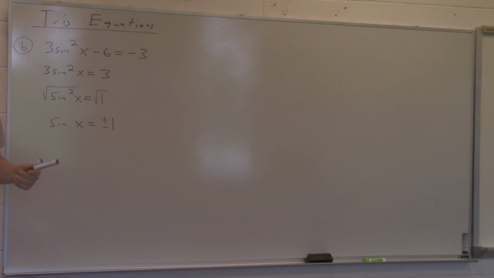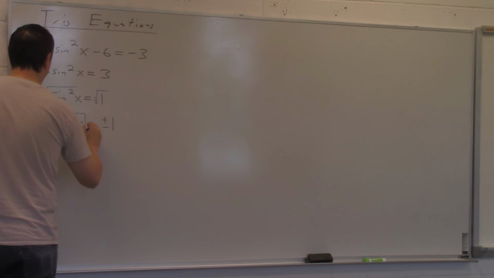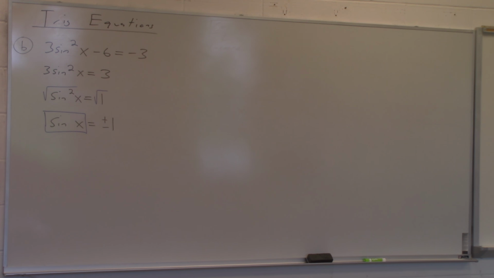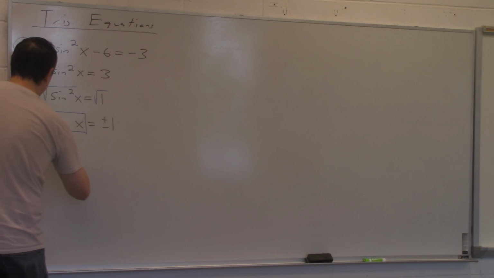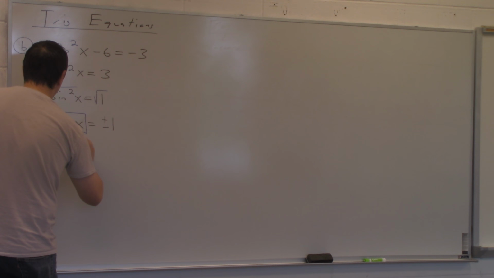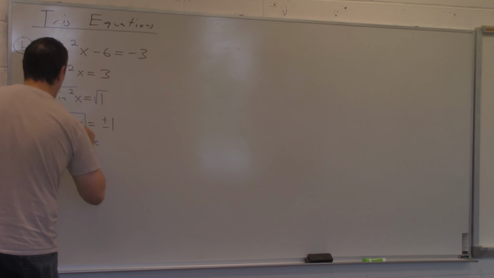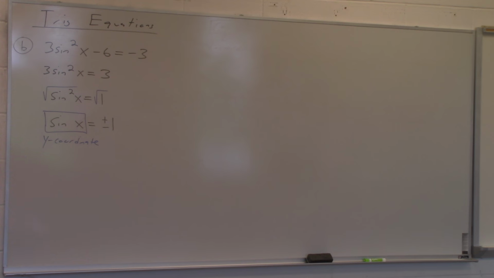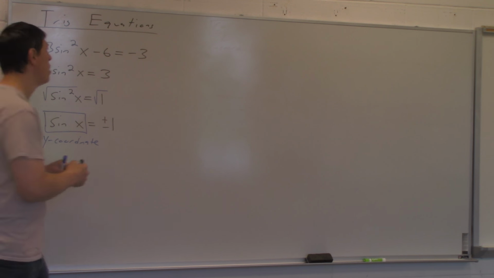Let me again draw the unit circle, and let's try to remember what we're looking for. The sine function. On the unit circle, which coordinate pair is the sine function? Is it the x, the y, or is there a ratio? Well, if you look at your unit circle, you remember that the sine is the y coordinate. So what we're looking for is all potential values where the y coordinate is either positive 1 or negative 1.